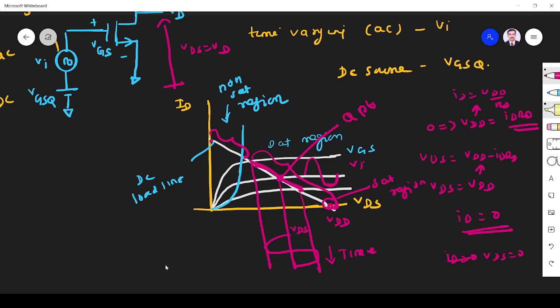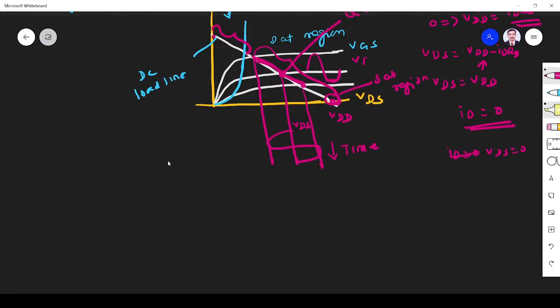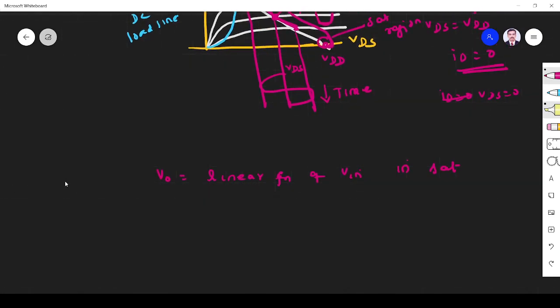Those things are very important. From this you can see the output is a linear function of input: when input varies, output varies proportionally, in the saturation region. Only there is the transistor used as an amplifier.